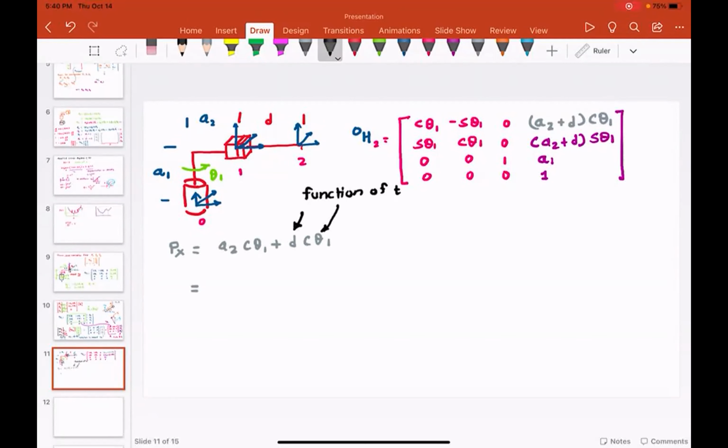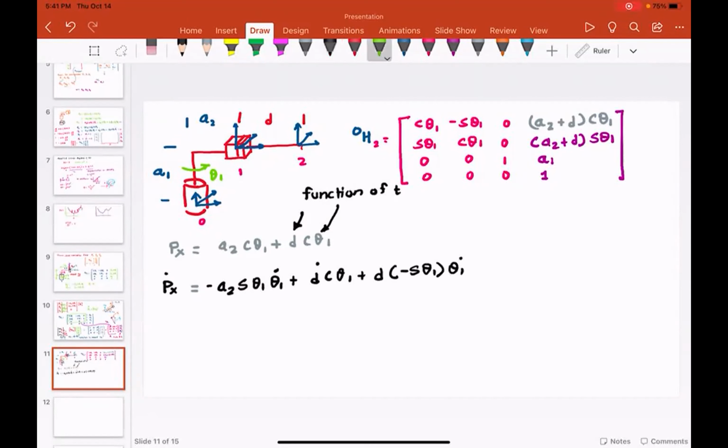So Px dot is A2 minus sine theta 1 theta 1 dot plus, now you have D and you have theta 1, so this would become D dot cosine theta 1 plus D minus sine theta 1 theta 1 dot.